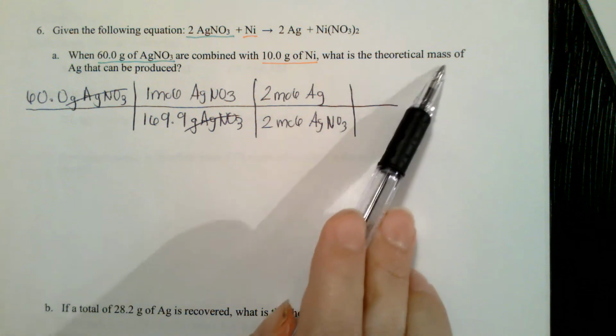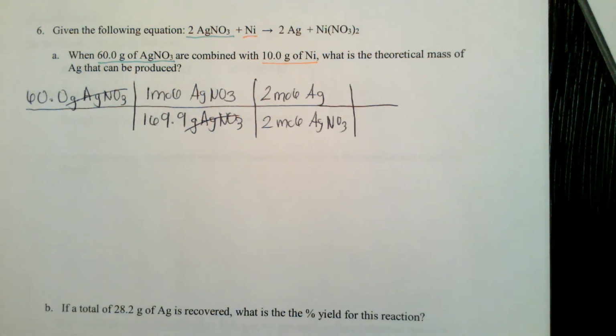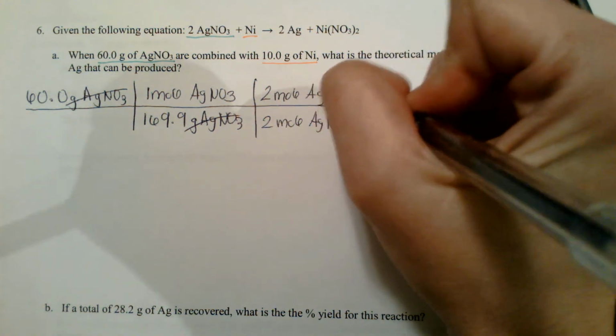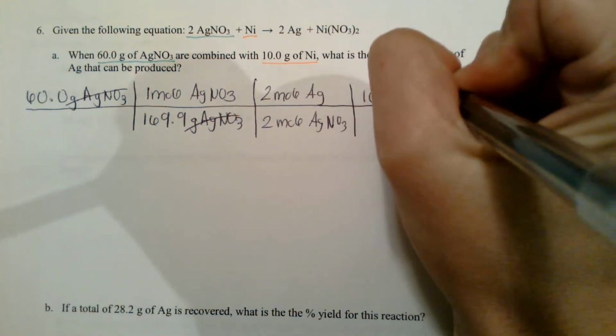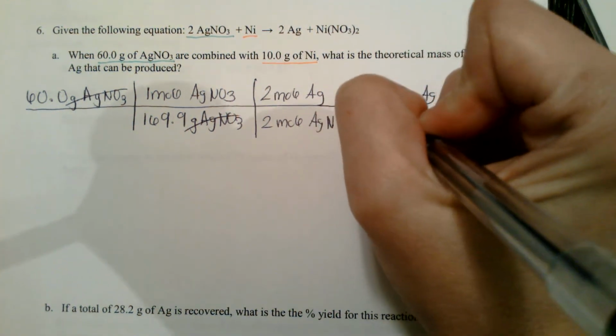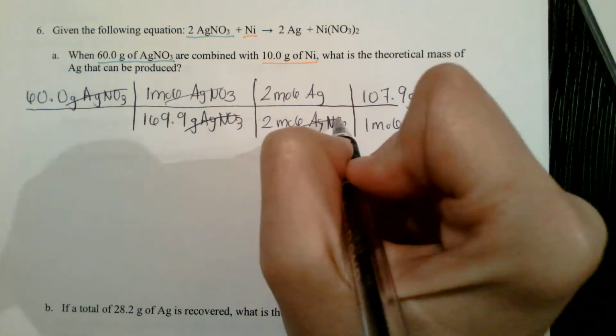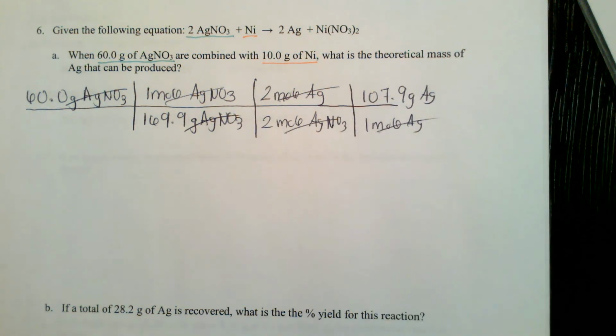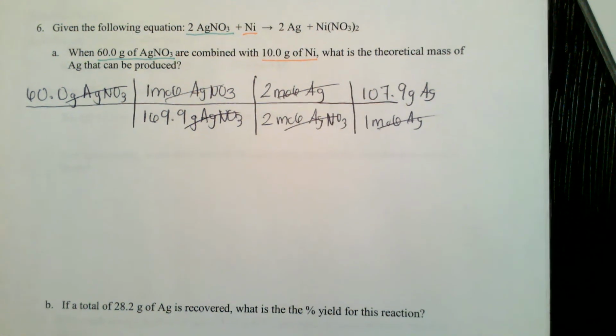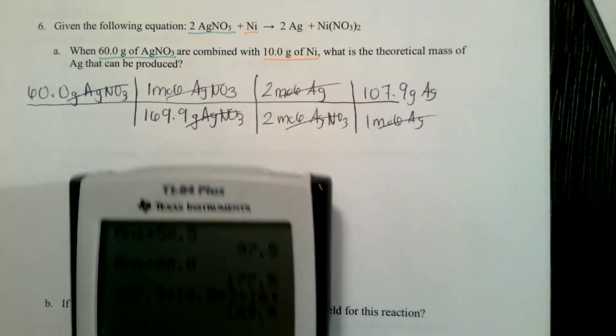And then finally, it's asking for mass, so we can do that last step and do our molar mass, which was the 107.9 grams of silver for every 1 mole of silver. Now our moles of silver nitrate cancel, our moles of silver cancel, and we're just left with our mass of silver.